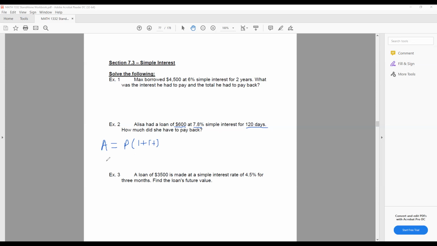So P is 600, right? R is 7.8, which is 0.078. That changes to decimal.